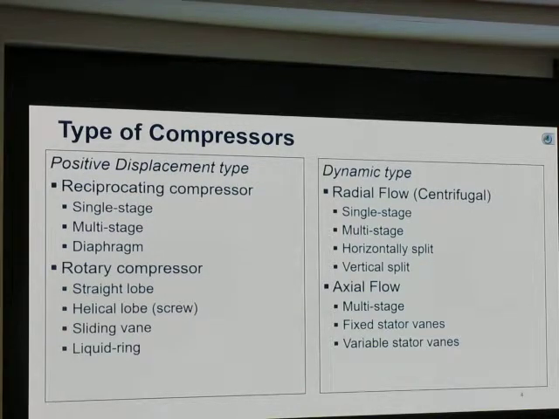There are 2 types of compressor. Type 1, PD, positive displacement. Type 2, dynamic type. Positive displacement means it physically compresses the gas. The piston type reciprocating compressor physically compresses it, makes the volume go down, applies the force to make the volume go down.